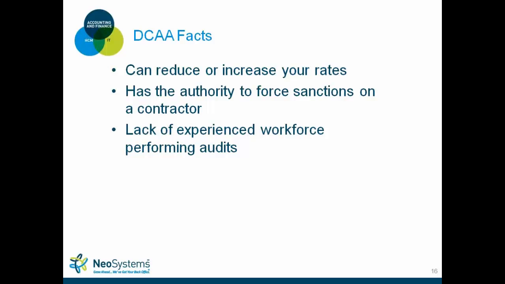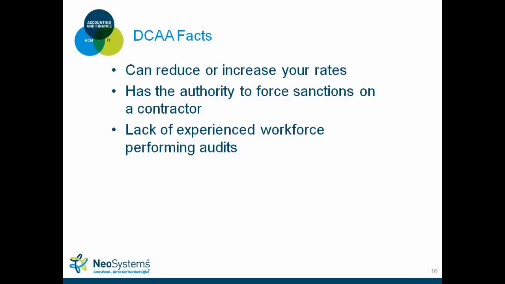So the company corrected that deficiency. They actually came back out the following week or two weeks later, reviewed that deficiency, noted the correction, and actually passed the company for a system review.